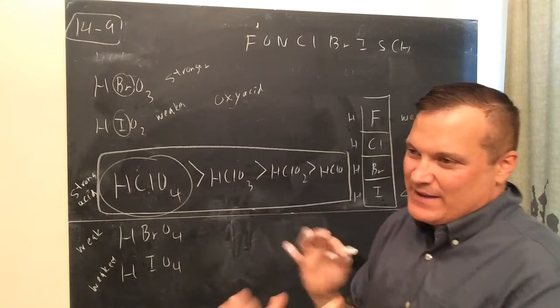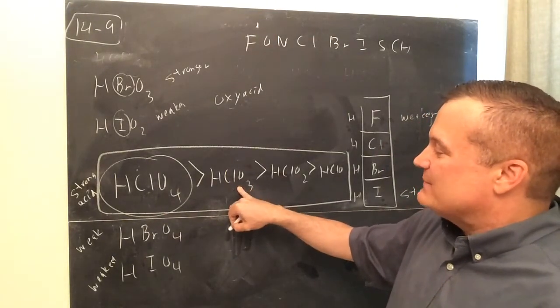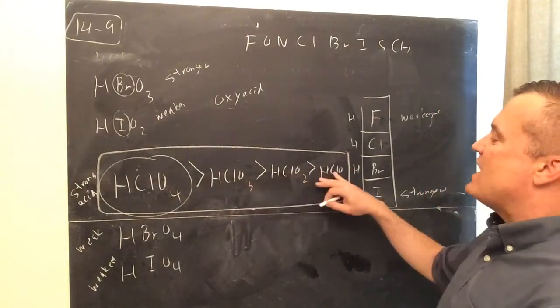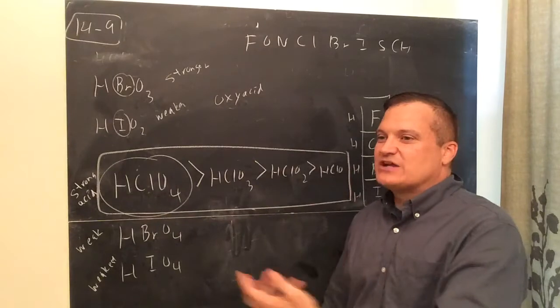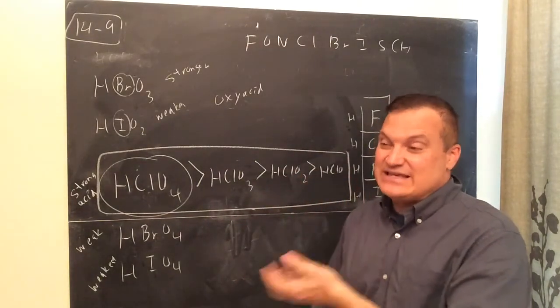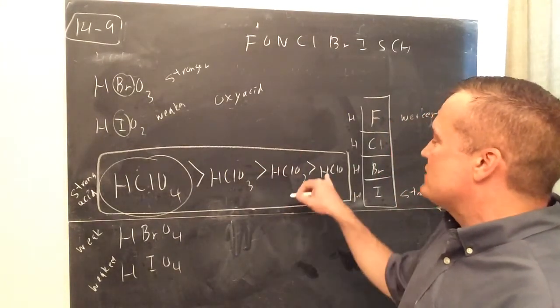They're good with it. They're stable. But now you take away an oxygen, now that's a little bit less stable. That's a weaker acid. Take another oxygen and another. So having less oxygens means that negative charge is distributed less. It's not distributed as well, and so it's weaker.